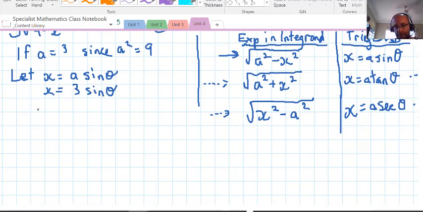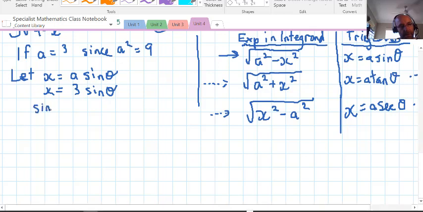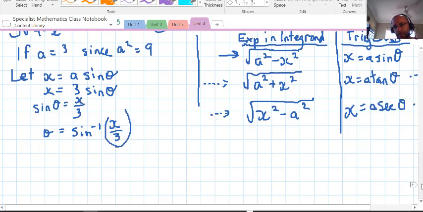If we have x equals 3 sine theta, we can say that sine theta equals x over 3, and theta equals inverse sine, or arc sine, of x on 3. That kind of looks familiar, doesn't it? Theta equals inverse sine x over 3.